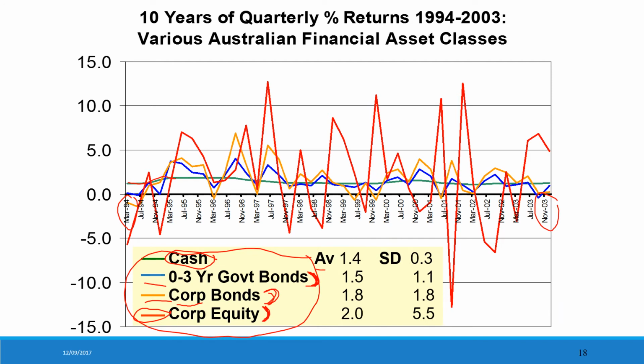So if we compare the expected returns, or the average returns, of these different asset classes, what do we see? We see that the more volatile asset classes tend to also have higher expected returns. So equity has a higher average return, but it also has the highest standard deviation. The returns of the other asset classes are very similar, and their risks are also quite similar.